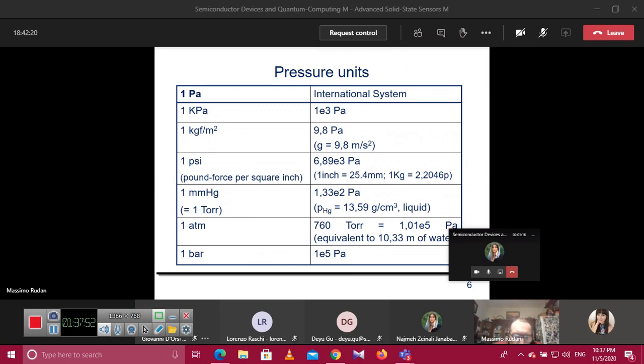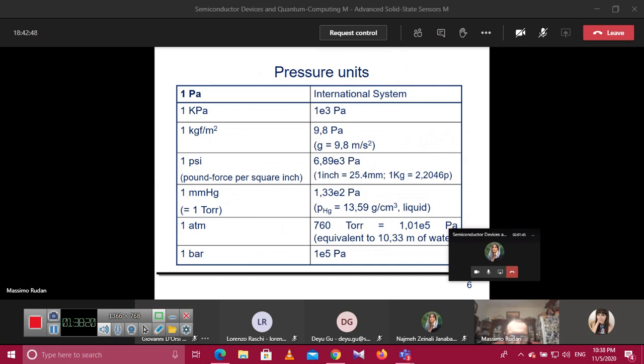One other unit of pressure that is, of course, used for measuring the atmospheric pressure is the mercury millimeter. So 1 mercury millimeter is equivalent to 1 torr, and it corresponds to 133 pascals.